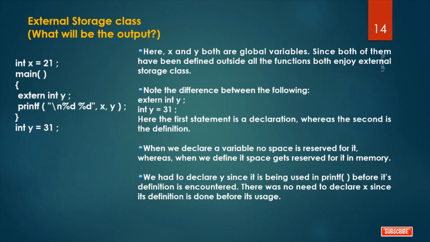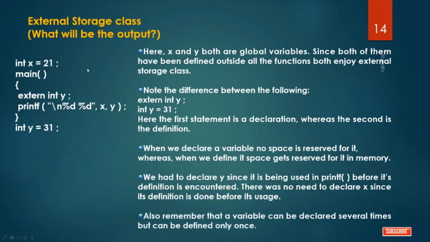There was no need to declare x, since its definition is done before its use. Also remember that a variable can be declared several times but can be defined only once. Here we define and here we declare. So what will be the output? x is 21 and y is 31.